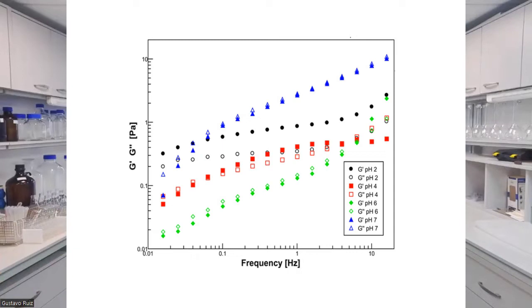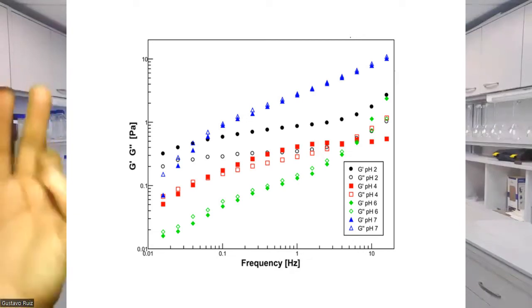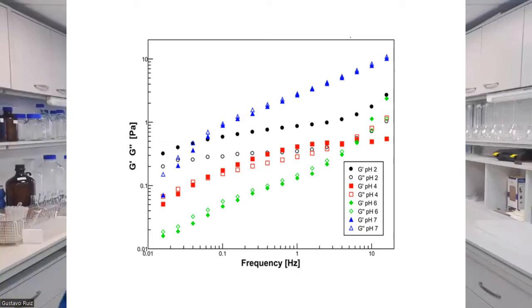Even they change. Sometimes the viscous modulus is a little bit higher, but on other frequency values, the elastic modulus is the dominant. Not clearly dominant, but they have some changes between the dominance of the modulus.